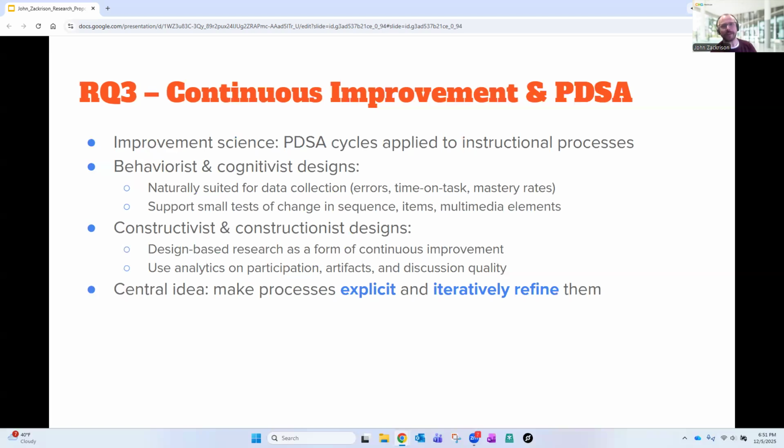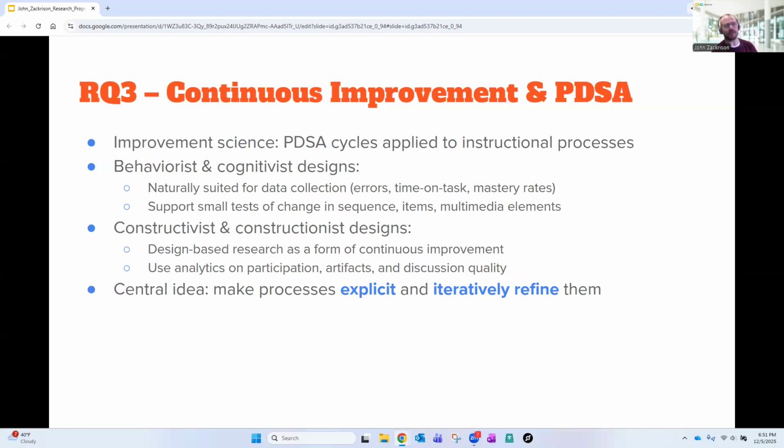And so PDSA cycles can then be used to test small changes, adjusting item difficulty, reordering worked practice examples, or modifying multimedia elements to reduce extraneous load. So they're already well set, and I like that.